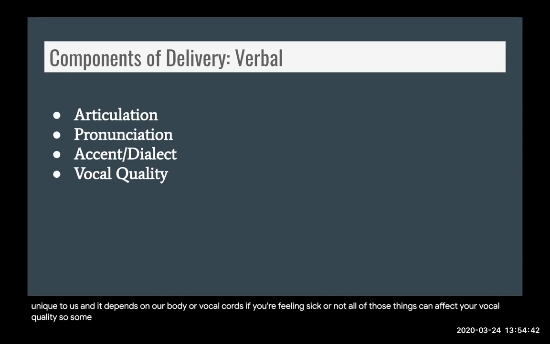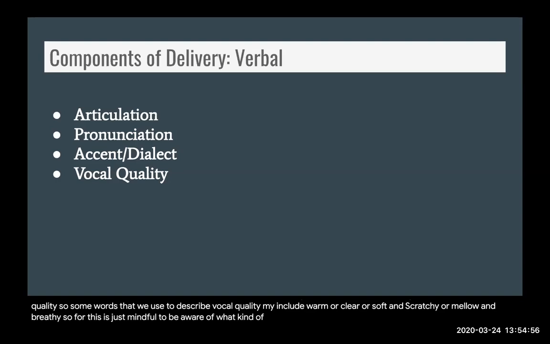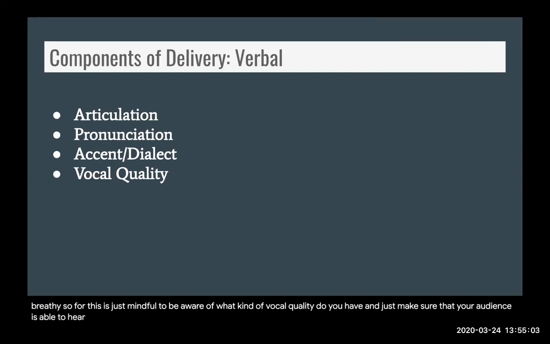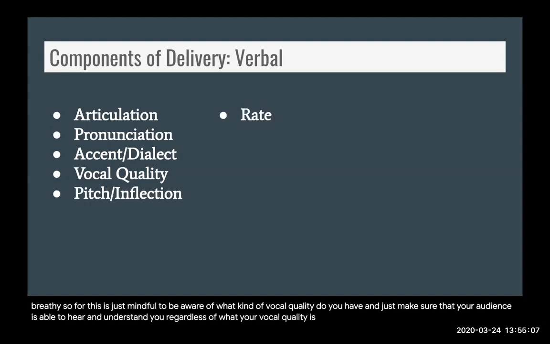So some words that we use to describe vocal quality might include warm or clear or soft and scratchy or mellow and breathy. So for this, it's just mindful to be aware of what kind of vocal quality do you have, and just make sure that your audience is able to hear and understand you, regardless of what your vocal quality is.